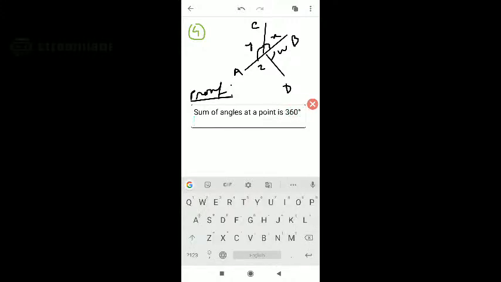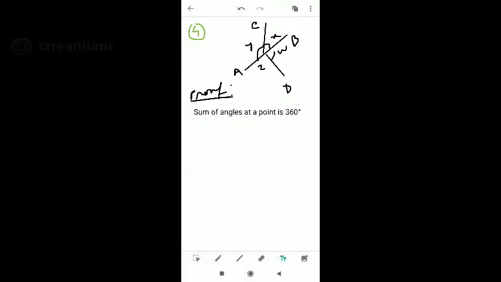So what will be therefore? So therefore we can write, x plus y plus z plus w equal to 360 degree.